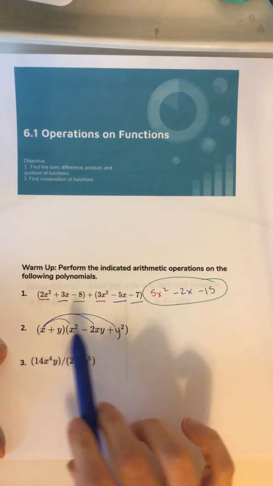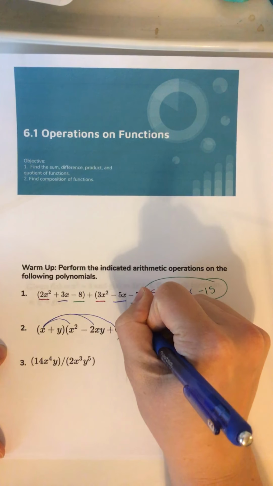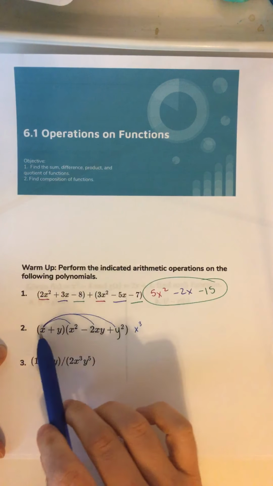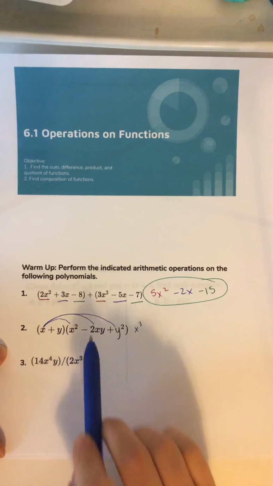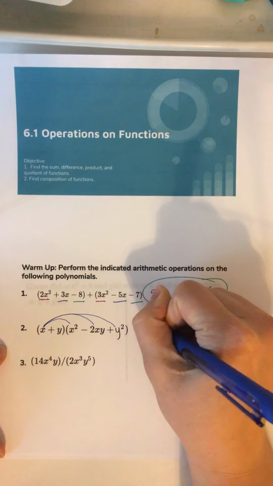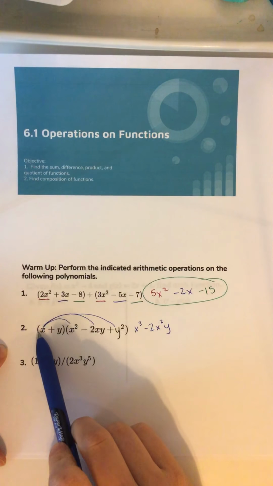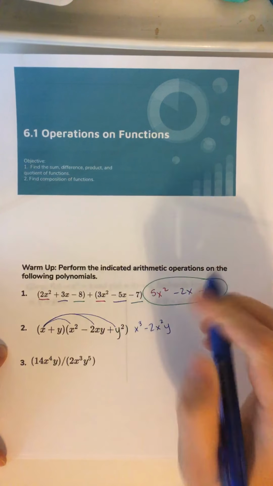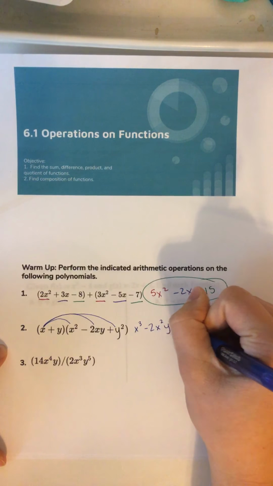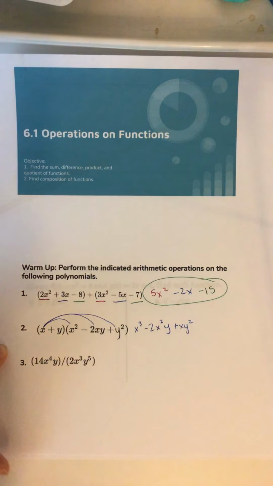So x times x squared is going to give us x cubed. x times negative 2xy is going to give us negative 2x squared y. And then x times y squared would give us plus xy squared.